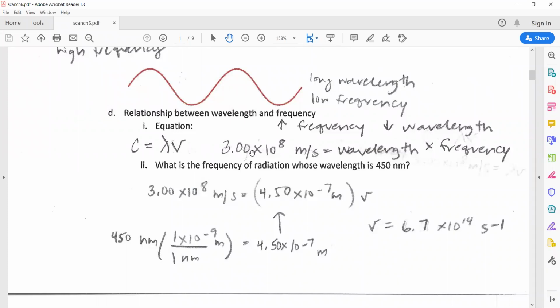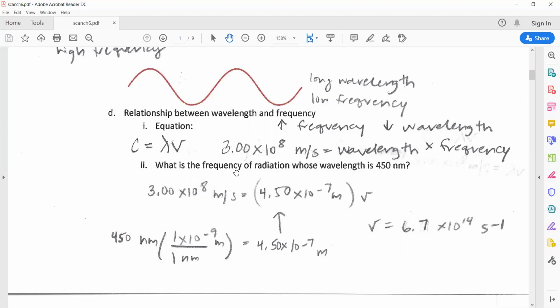We have to be real careful with our units because speed of light is in meters per second, which means wavelength has to be in meters, can't be nanometers, and frequency has to be in seconds minus 1 or hertz, because that's putting seconds in the bottom. So that when you multiply these, it ends up being meters per second. This also shows me that when frequency goes up, wavelength is going down, and vice versa. So they have an inverse relationship.